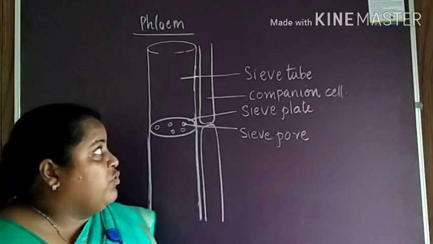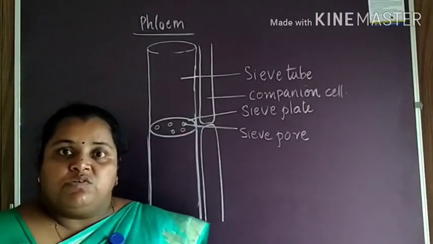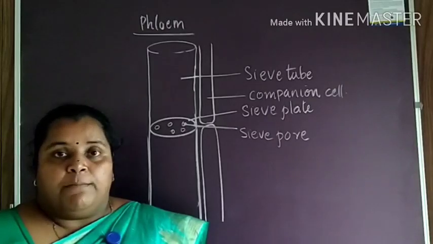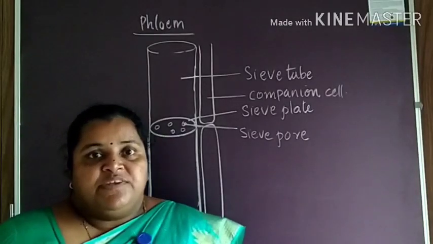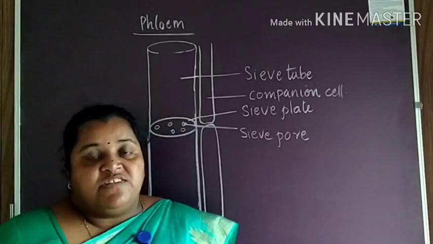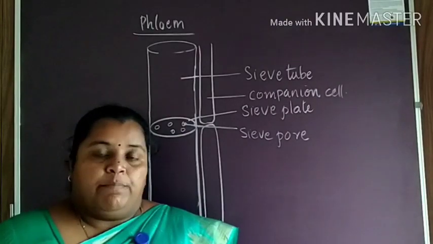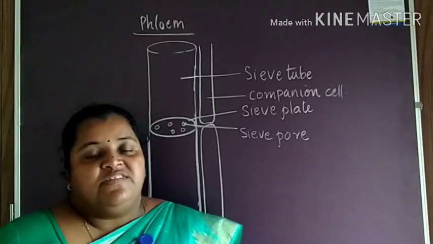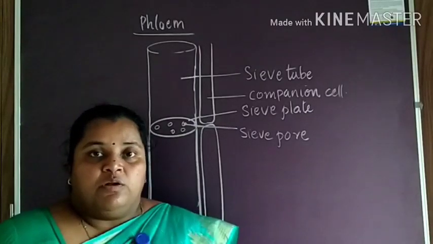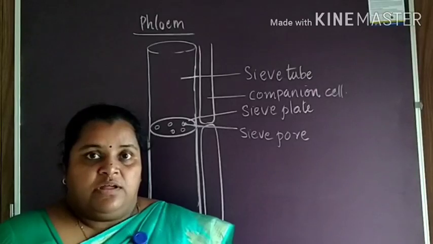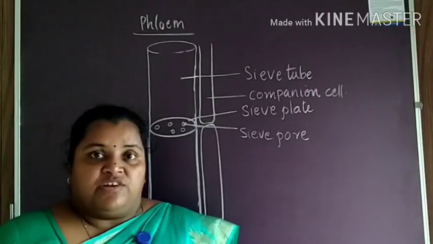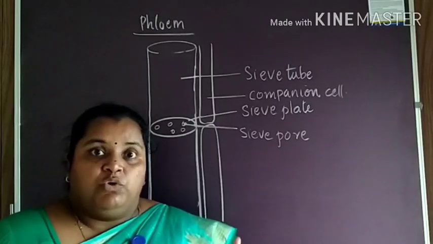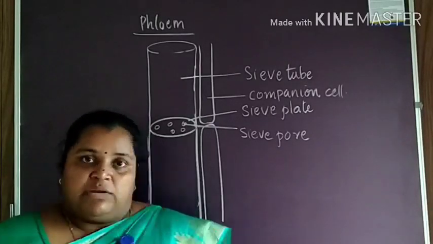Along with the sieve tube, companion cell also helps in transportation of food through phloem. Now we will see the differences between the movement of substances in xylem and phloem. In xylem, the water and salt is transported from roots to leaves, that is in upward direction, always in one direction, so unidirectional.